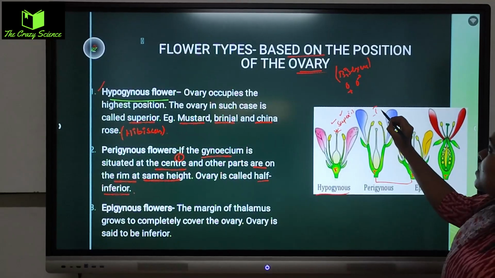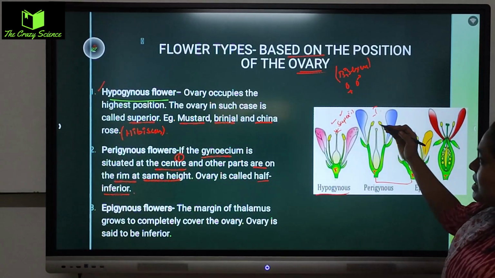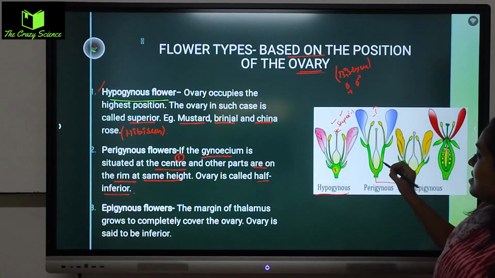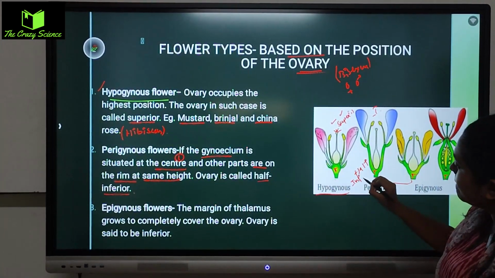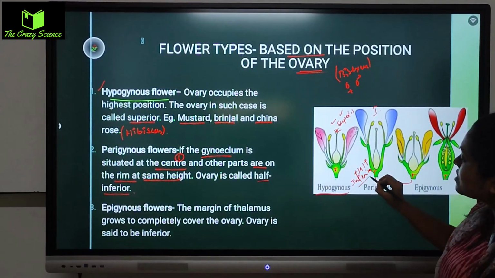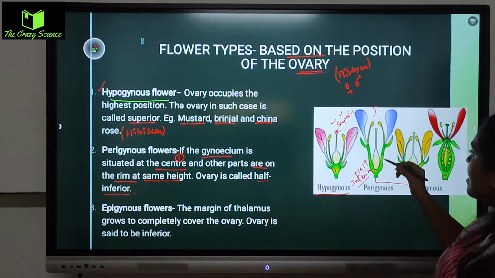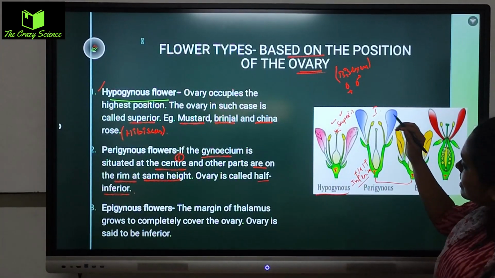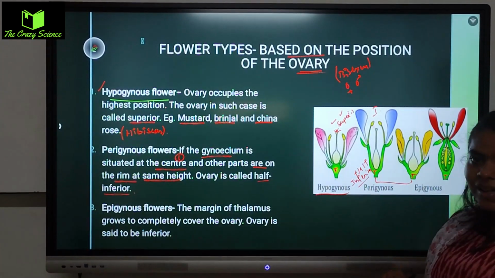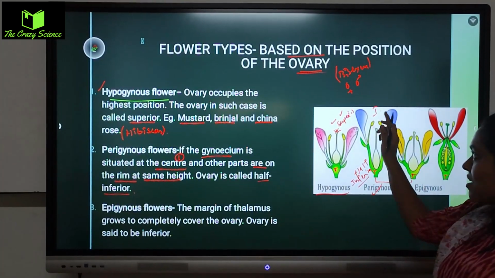In the first case, you can see the female part is a little bit lower than the male part. This is called the half inferior, where the female is a little bit, not too much, lower than the stamen part. Okay, this is called the perigynous one type.